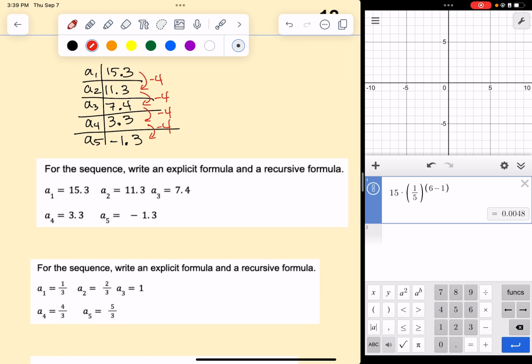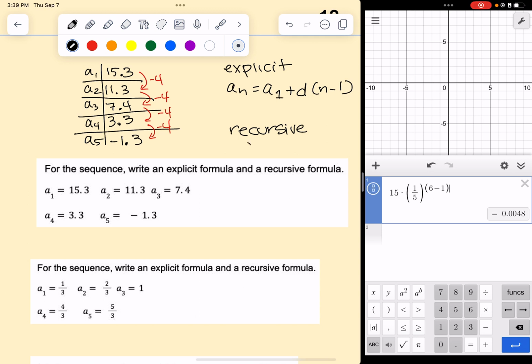For the explicit formula, we have a_n equals a_1 plus d times (n minus 1). For my recursive, you have a_n equals a_(n minus 1) plus d.